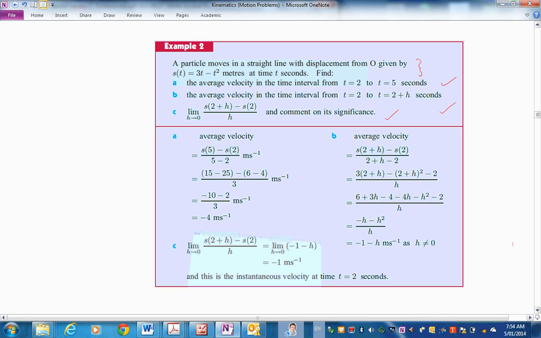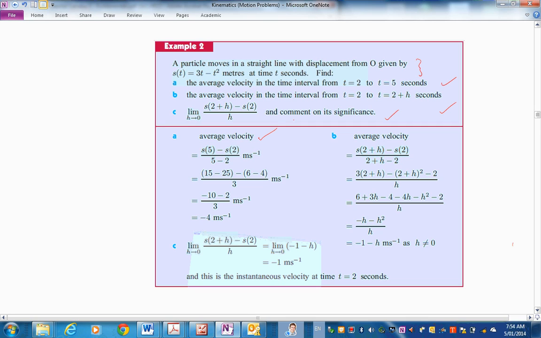Let's try and get the average velocity. So the average velocity from before, as you know, is s of 5 take s of 2 over 5 take 2, from t is 2 to t is 5. So that's good. Let's work that out now.